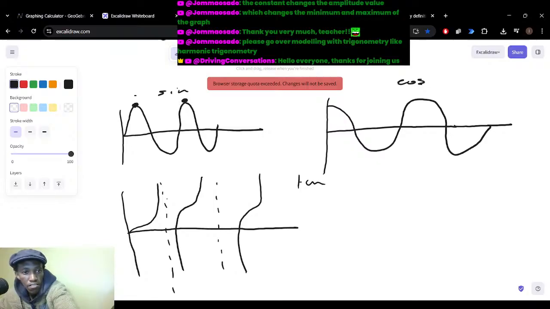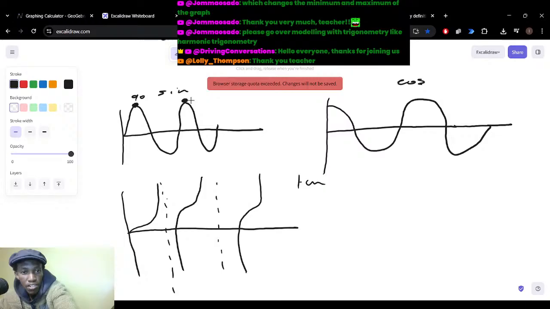So if this is 90, this height will be reached once again at 450 degrees. Right. Same applies here. This height, this point will also be reached after 360 degrees.